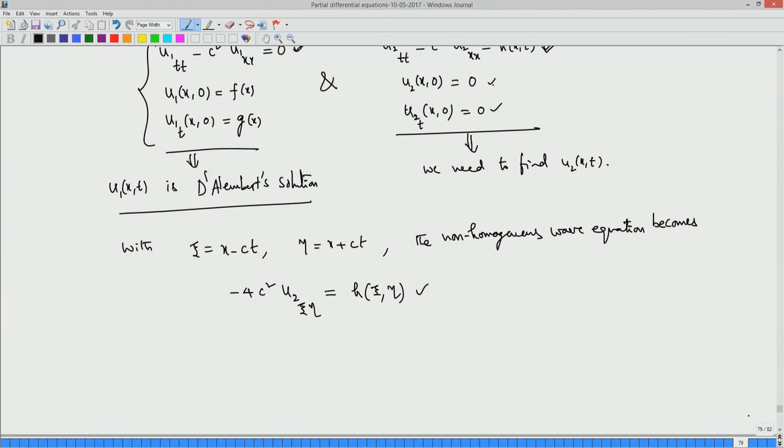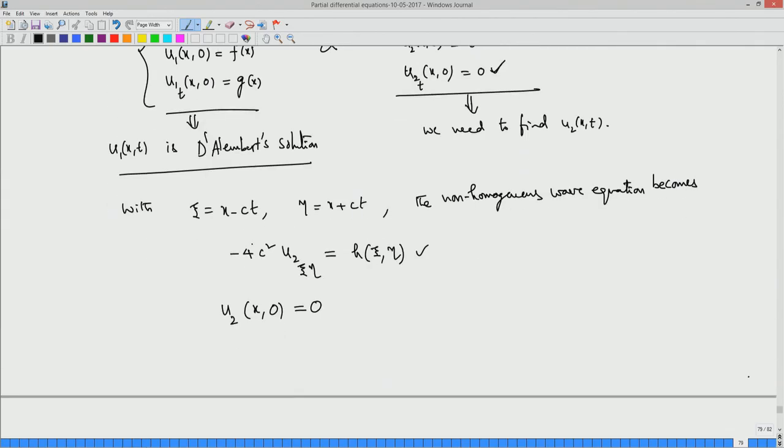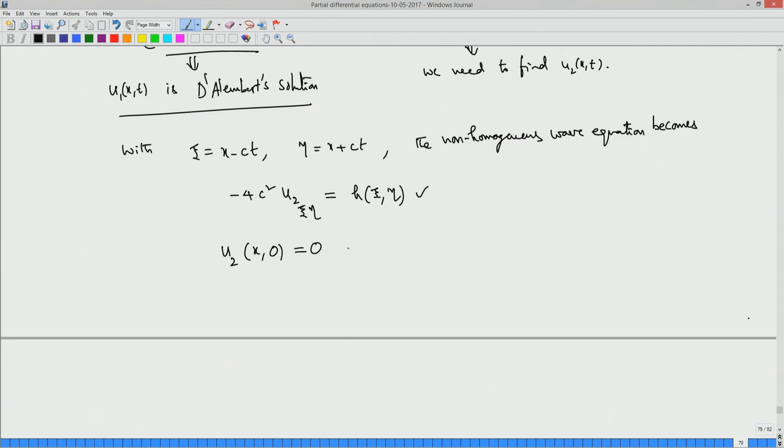So, you consider this initial data. The initial data is u2 at x equal to 0, u2 at x,0 equal to 0, that is the initial data, right. So, this implies u2x at x,0 is also 0.